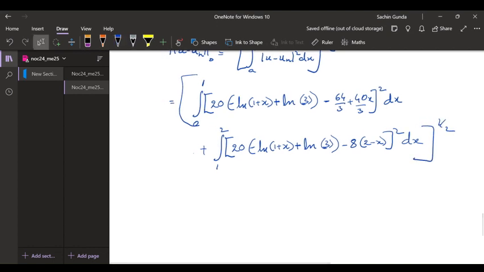So this is a pretty complex integral. It's difficult to do it manually. You can just once again use Wolfram Alpha to calculate it.